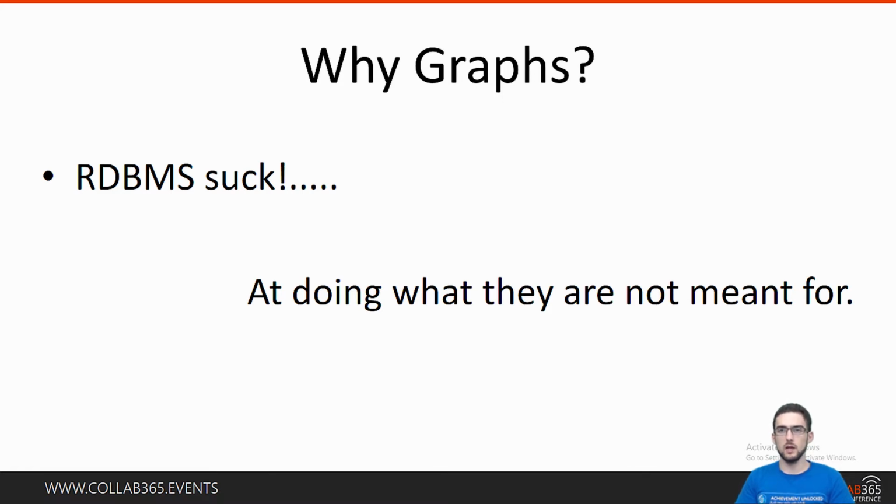So we had to do things like denormalizing our database schema, extracting some data cubes and so on, in order to be able to generate some reports. But again, that's not very efficient.